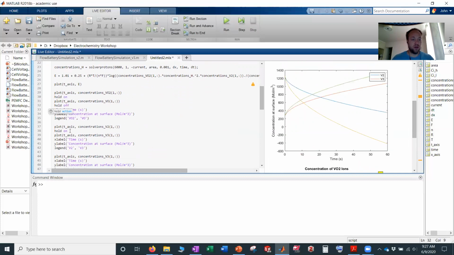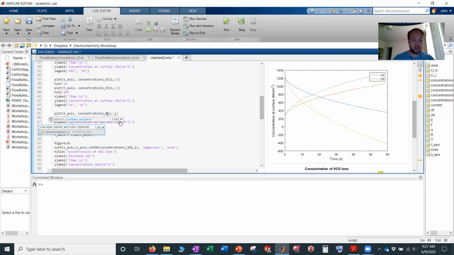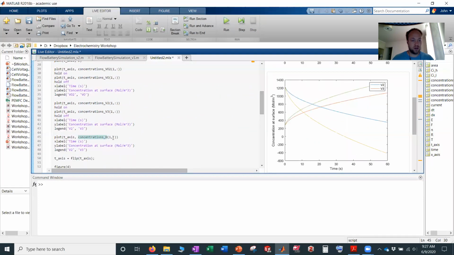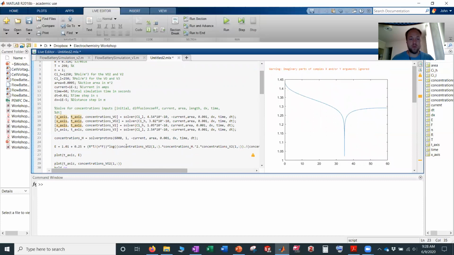Hold on basically means still use that current figure, and then this would be concentrations of H. I think that would be called the concentrations of H at the surface, and this doesn't need 2 legends, it just needs 1. This is probably a little bit high. I think the initial concentration is about 3 molar. So to convert this to molar, it should be in thousands.